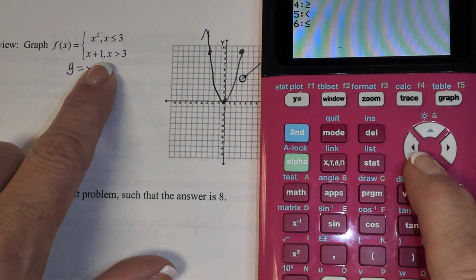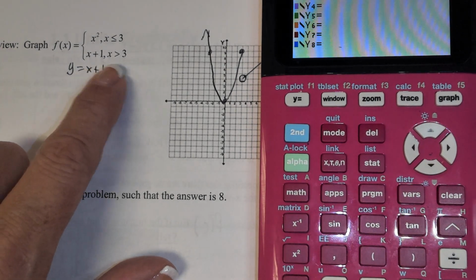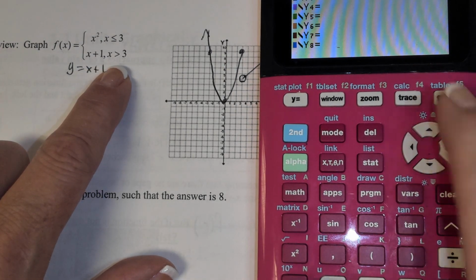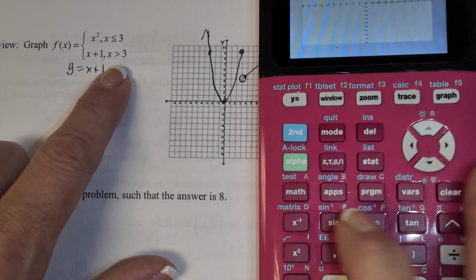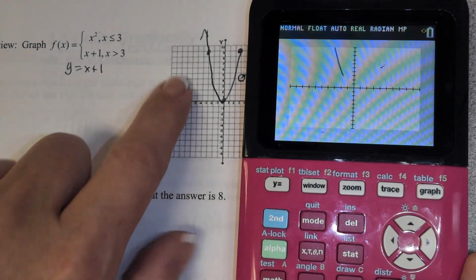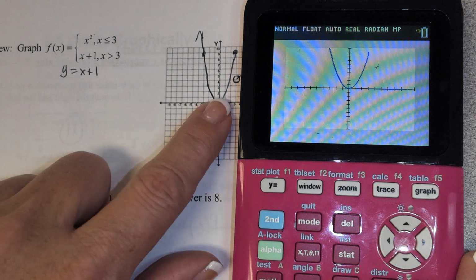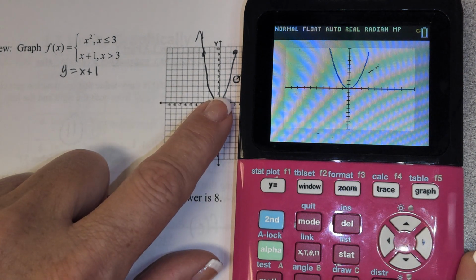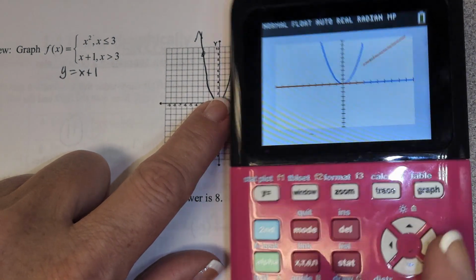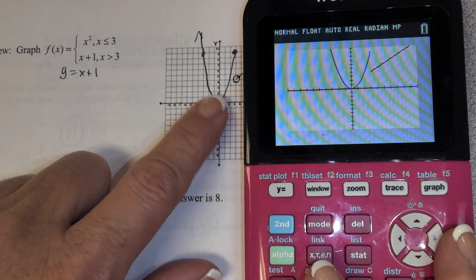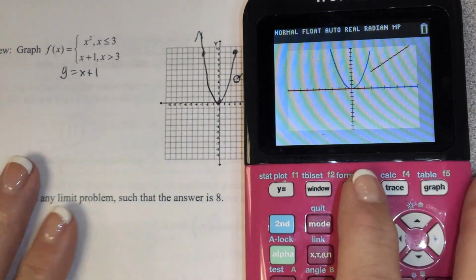Have you guys seen this before or not? Yep. Greater than 3. And then I can do my zoom 6. And so now it should only graph that parabola. Yep. And there it is. And I have some other random things in y equals, but there we go.